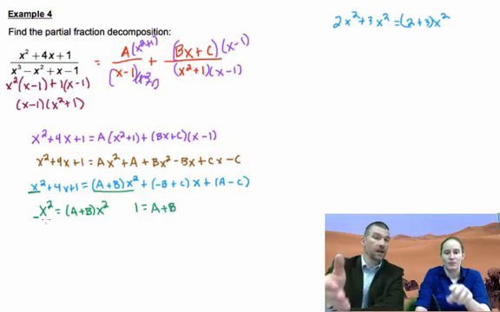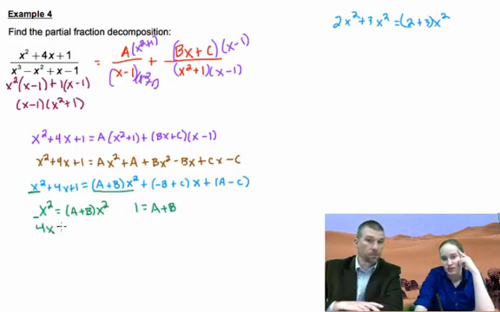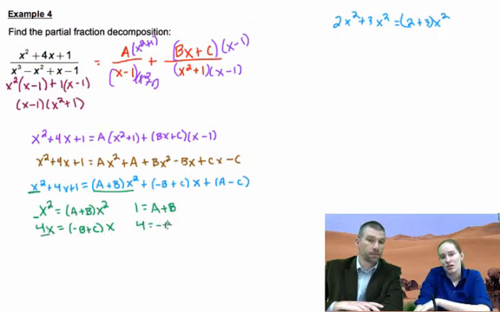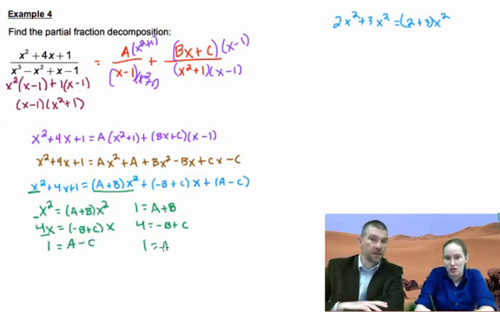Same thing now for the x's. So 4x has to equal negative b plus c times x, which means 4 has to equal negative b plus c. And then 1 has to equal just our number now, which we don't have to change at all. So 1 equals a minus c.